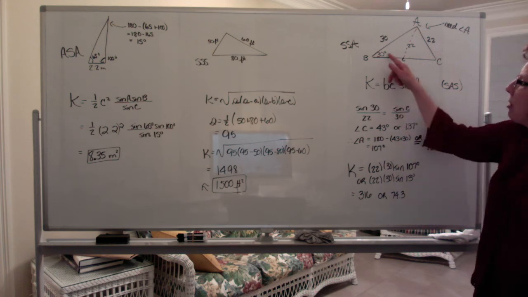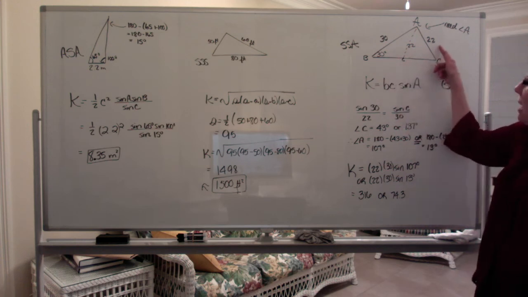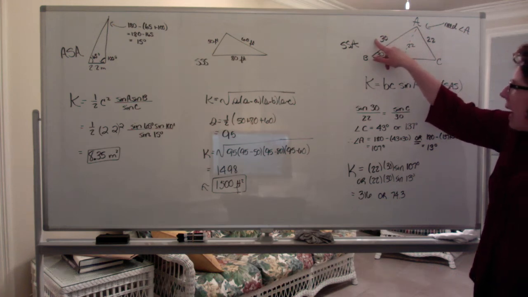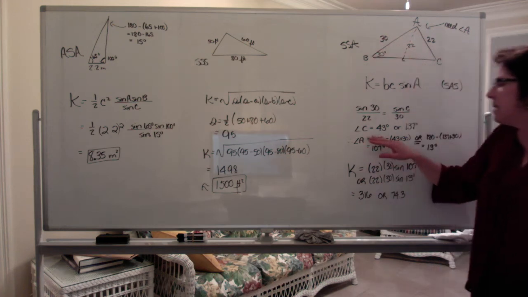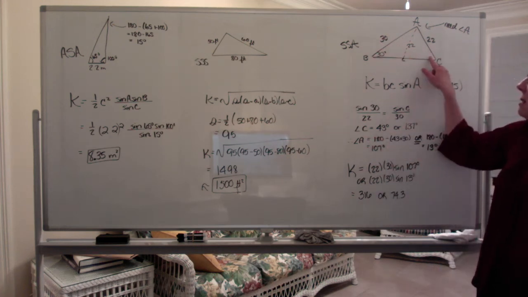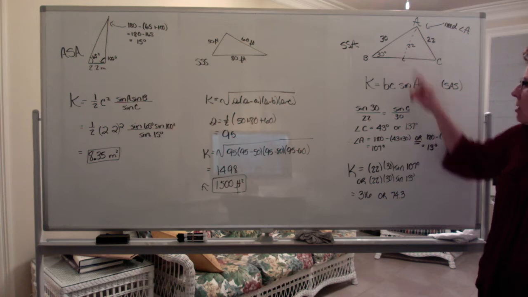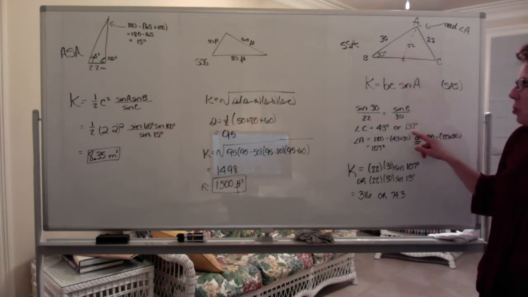The sine of 30 degrees over 22 equals the sine of C over 30. And remember, we got angle C to be 43 degrees. But this supplementary angle here could also be your value for angle C. So the supplement of 43 is 137.